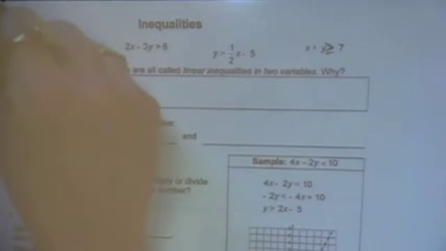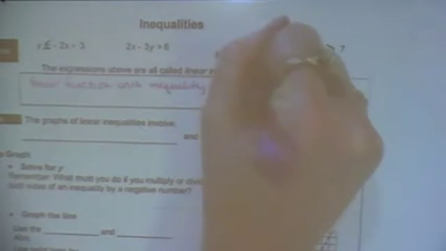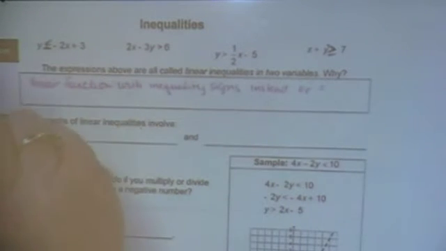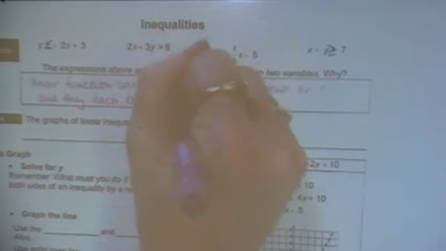So linear functions with inequality signs instead of equals. And they each contain both an X and a Y value.